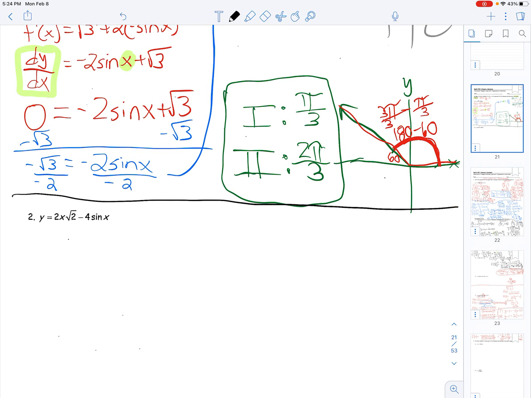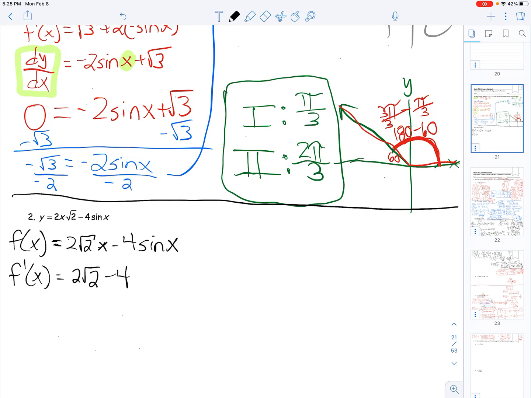All right, let's see if I can get in number 2 here. Same deal. I'm going to put that coefficient together and make f of x equal 2 radical 2 times x minus 4 sine of x, to help me with the derivative.